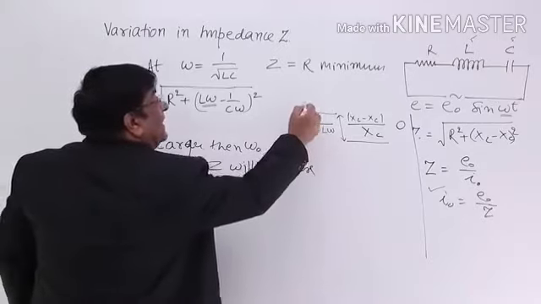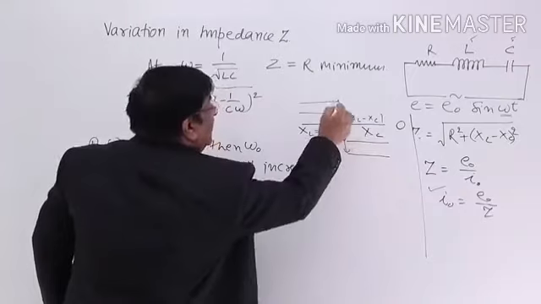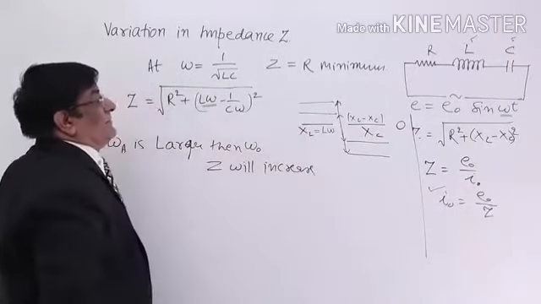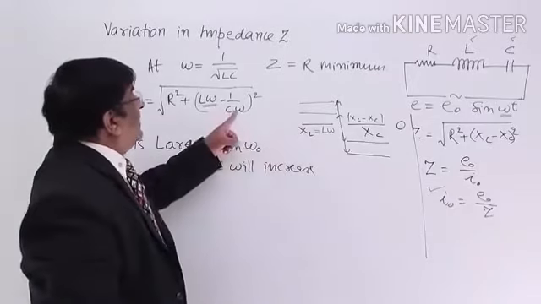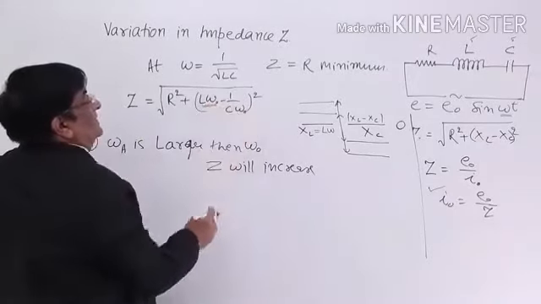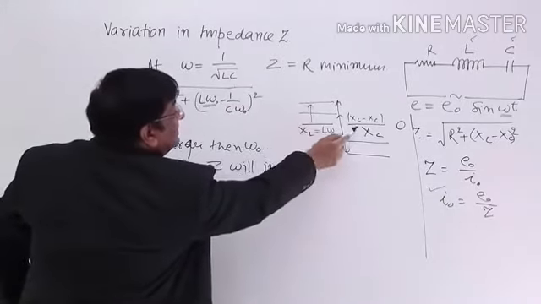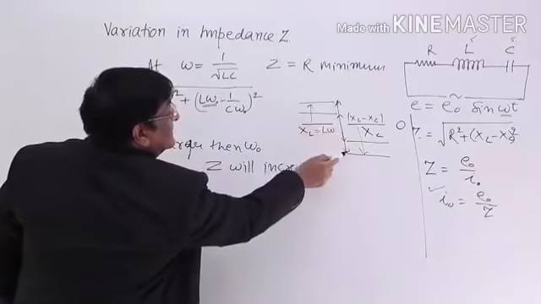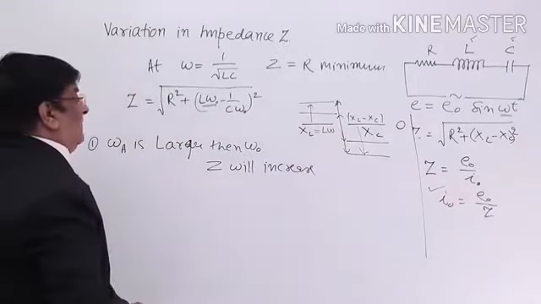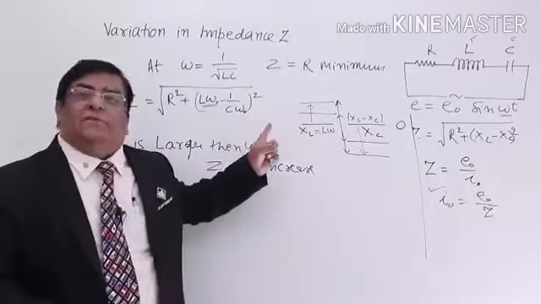If we make omega still higher, XC becomes still lower, this difference part will be higher, and Z will further increase. It means the farther we are from the natural frequency, the more is the increase of Z. Okay, we understand: if we are increasing omega, Z will increase.